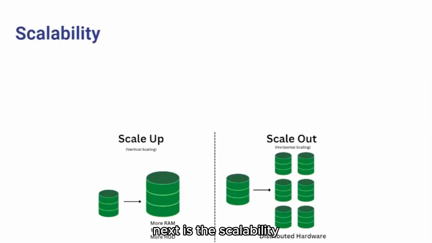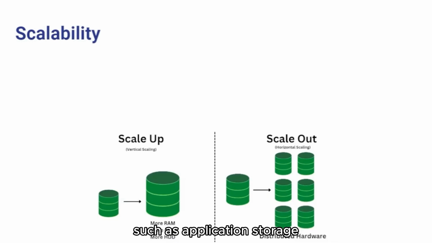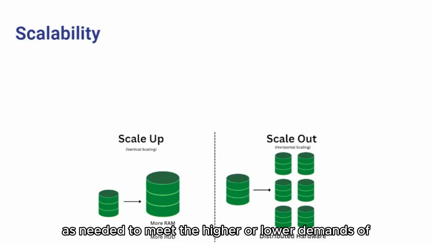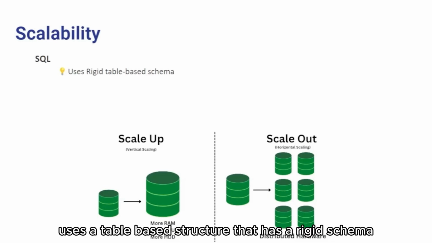Next is the scalability. So scalability is the ability for IT systems, such as applications, storage, databases, and networking, to continue to function properly when changed in size or volume. So it often refers to increasing or decreasing resources as needed to meet the higher or lower demands of any business. So NoSQL offers a higher scalability potential than SQL. SQL uses a table-based structure that has a rigid schema.